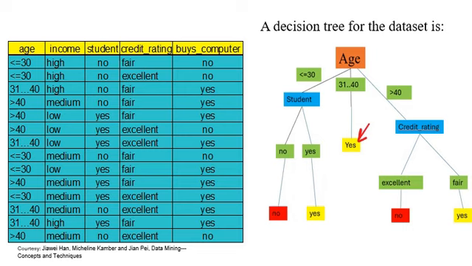So on the branch where age is less than or equal to 30, we test on student, and based on this we get pure leaves. And on the third branch, which is age greater than 40, we test on credit rating and we get pure leaves.